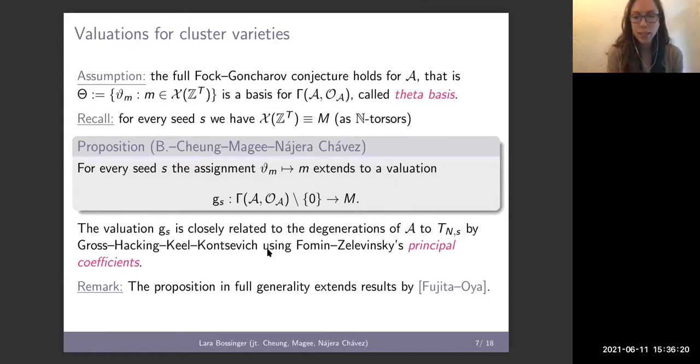So in this setting, for simply the A variety, Gross, Hacking, Keel, Kontsevich give a construction that would degenerate the A variety to the torus it is built from. And this valuation in this context would do the same thing.